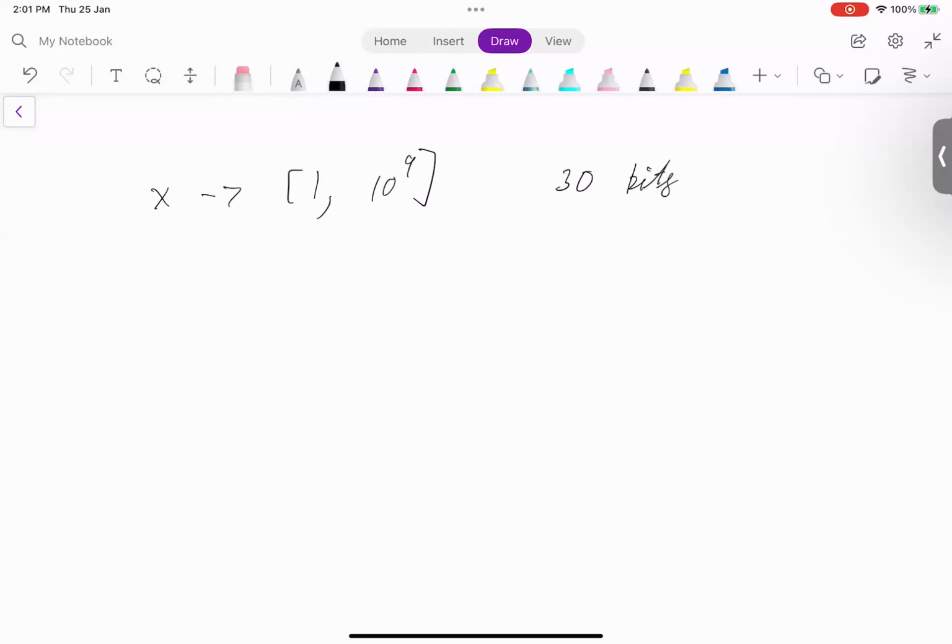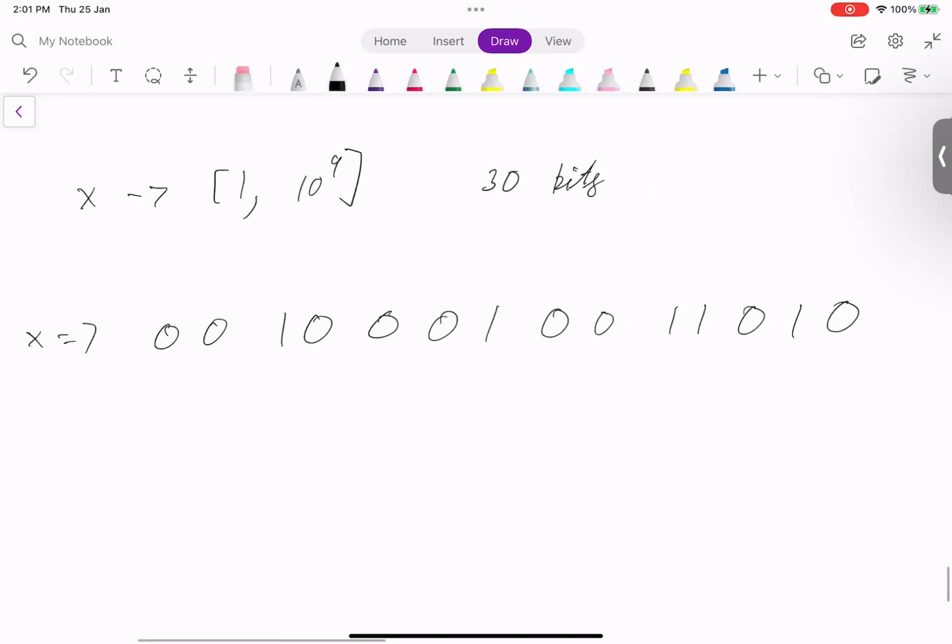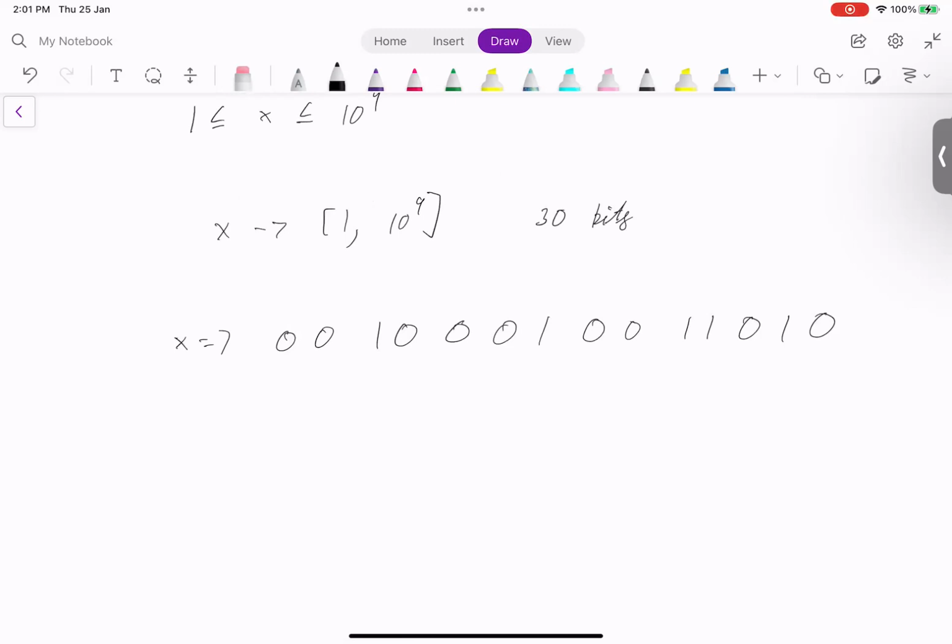Now let us consider x with some binary representation, 0, 0, 1, 0. So let's say this is the binary representation of x. This is the 0th bit, first, second, third, fourth, fifth, sixth, up to the 13th bit. So there are 13 bits in it.